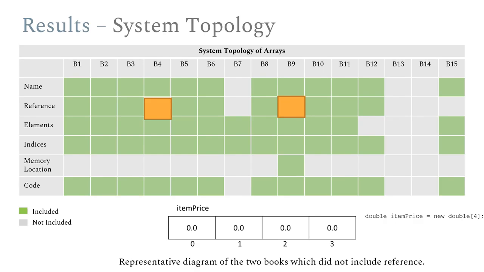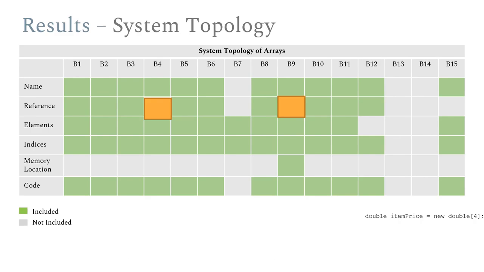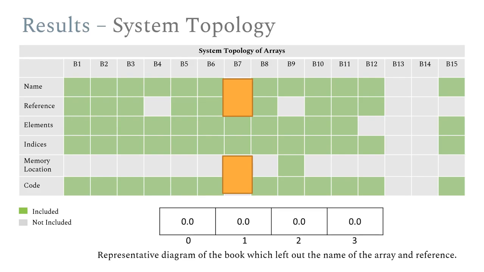So these books represented arrays like this, where they portrayed the name, the elements, and the indices. Then we found that B7 left out the array name with the reference, and the diagram looks like this. They also didn't portray memory location, and they didn't provide any corresponding code.